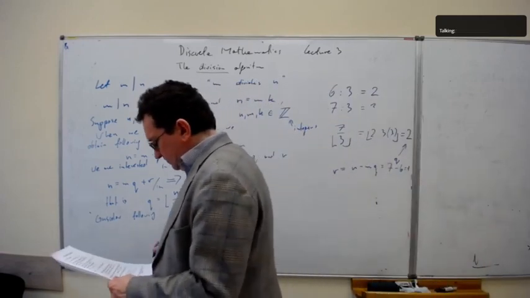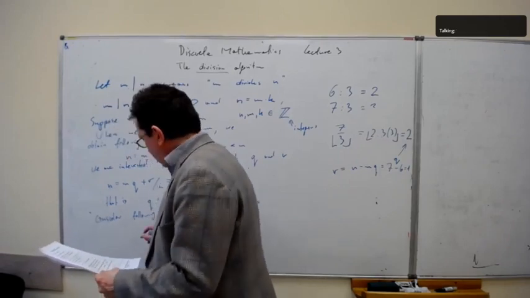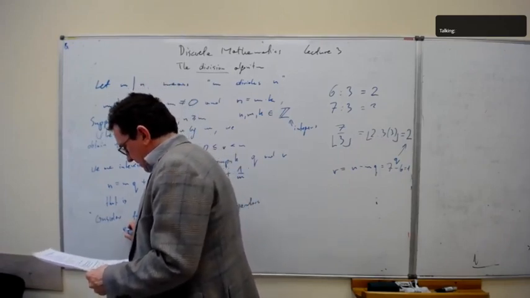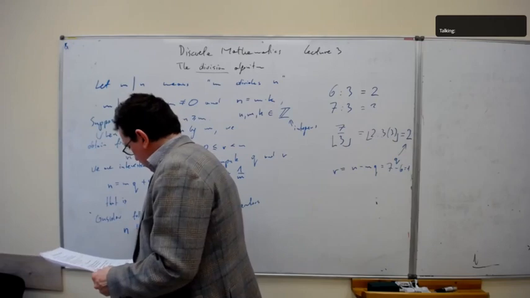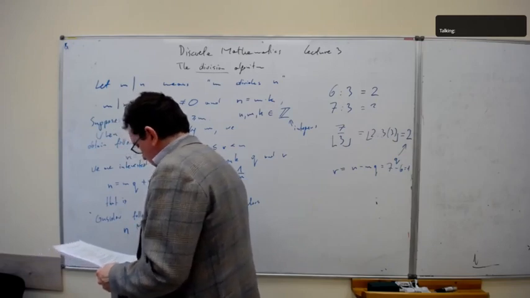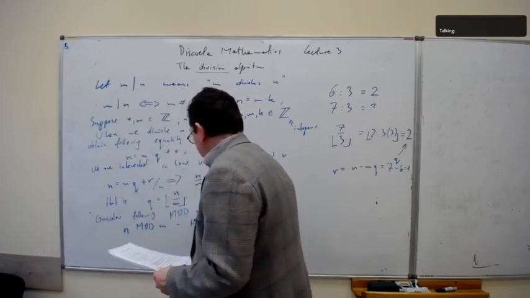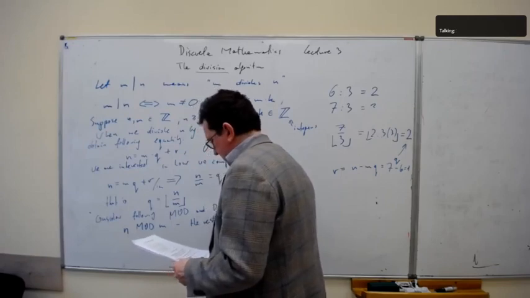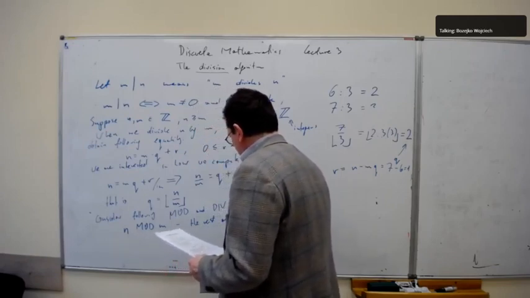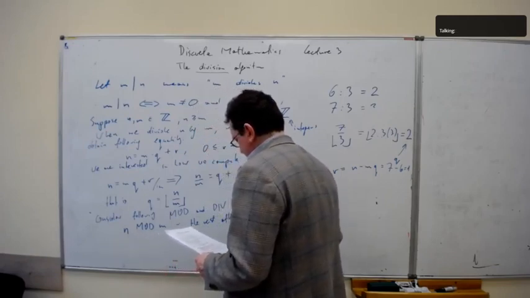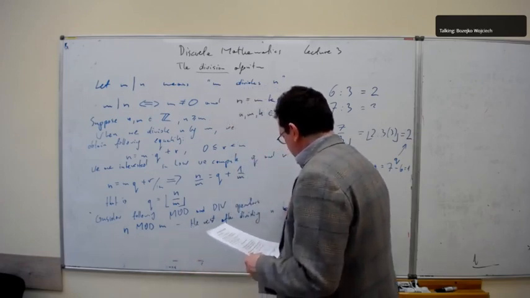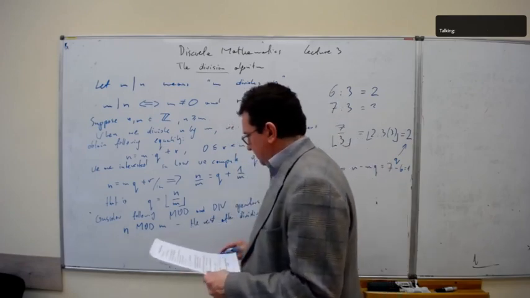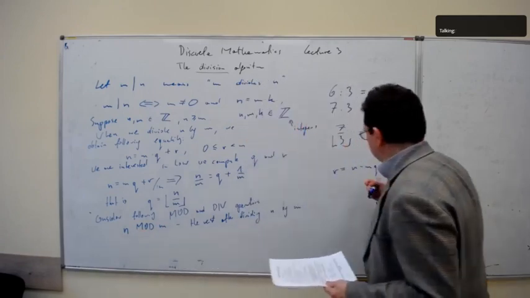So n modulo m will be the rest after dividing n by m. And of course, here this is this r.